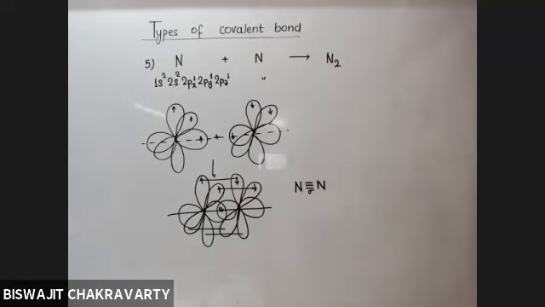But why then is sigma bond stronger than pi bond? Extent of overlapping. You must use the term extent of overlapping in sigma bond is more. Understood? So extent of overlapping is the proper term for explaining why sigma bond is stronger than pi bond.